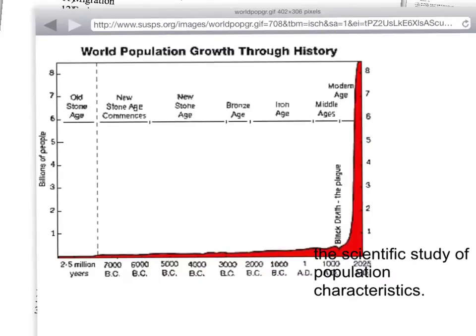Moving on, let's look at the trends of population growth throughout time. This is actually quite simple. If you look way back to 2 to 5 million years ago, the old Stone Age, the earliest Homo sapiens were probably living about that time, according to science.